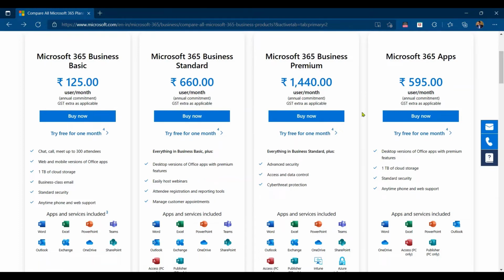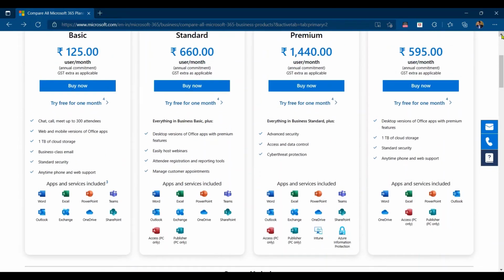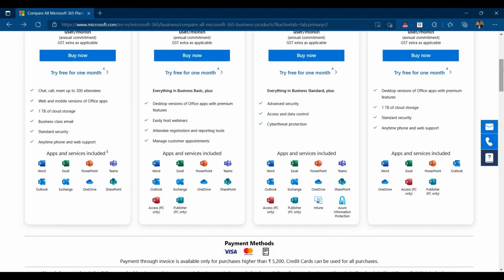And same is the case with premium. Premium gives you almost all the things, including additional security. Normally all the tiers come with the basic security level, and if you go for the premium license, it's 1440 per user per month, and if you have 10 users, it comes to 14,400, and you will get additional security features like Intune and Azure Information Protection.